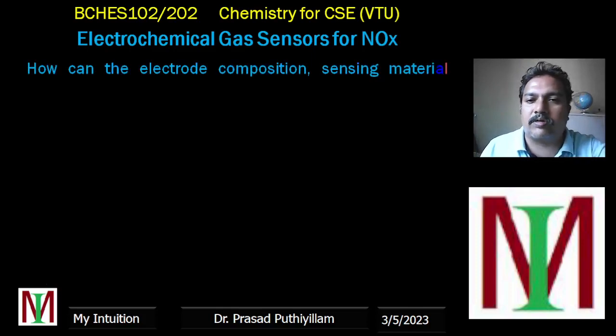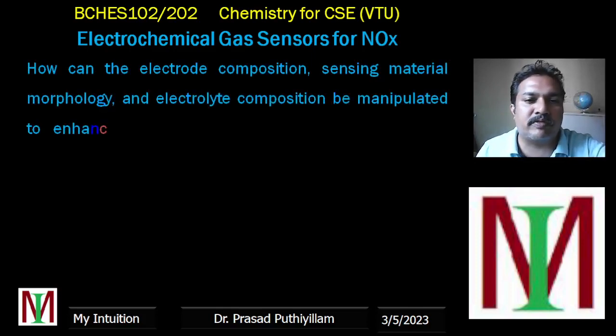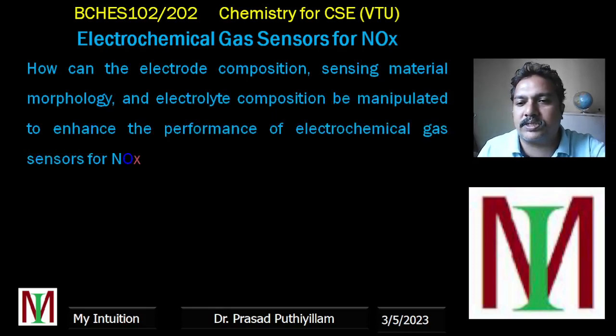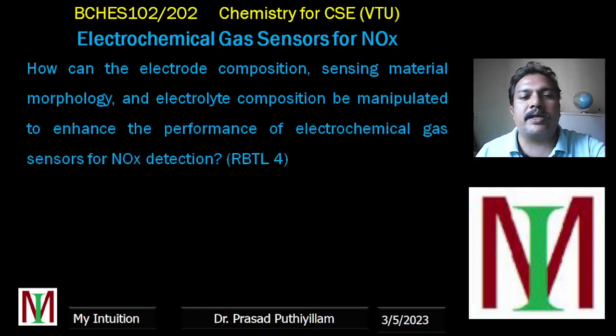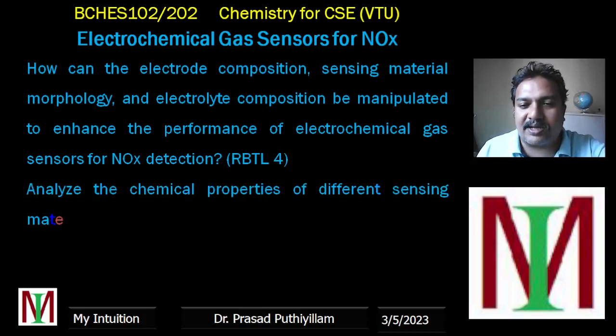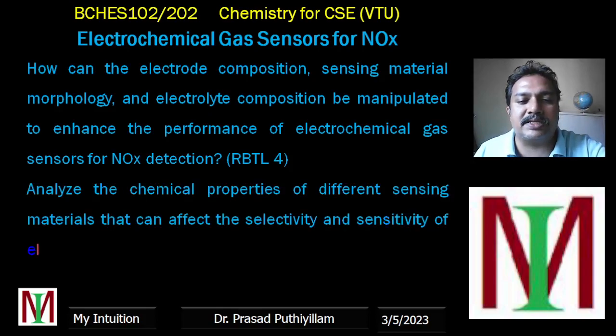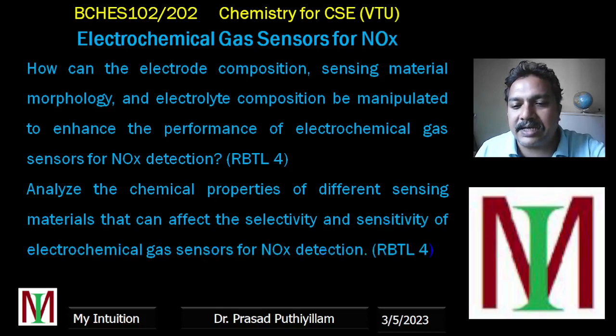How can the electrode composition, sensing material morphology and electrolyte composition be manipulated to enhance the performance of electrochemical gas sensor for oxides of nitrogen detection? I like this question. Analyze the chemical properties of different sensing materials that can affect the selectivity and sensitivity of electrochemical gas sensor for oxides of nitrogen detection.